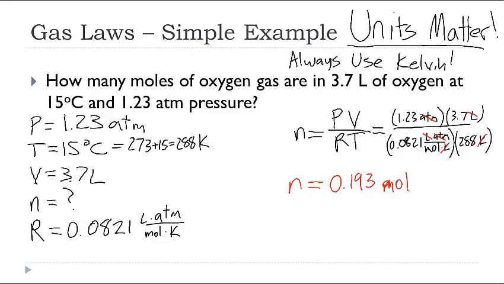If it said how many moles of argon gas, the answer would be the same. If it's the same number of moles at the same temperature and volume, it'll always have the same pressure. Doesn't matter the identity of the gas.